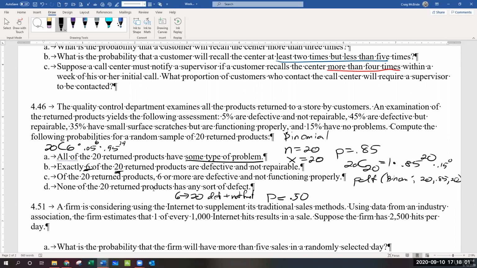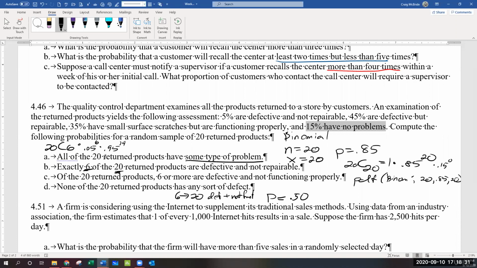None of them has any sort of defects. It's the same thing as saying all 20 of them are free of defects. So you can think of it as all 20 of them with a p-value of 0.85, or you could think of it as 0 of them with a p-value of 0.15. It's going to be the exact same thing.